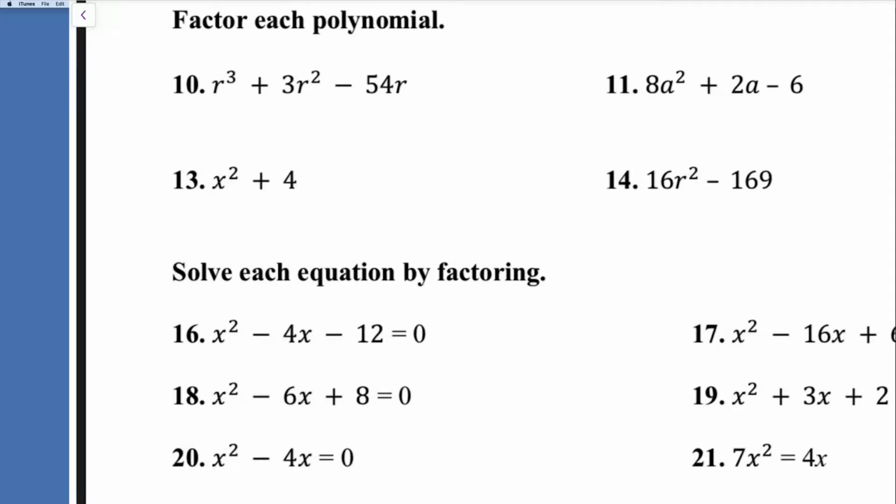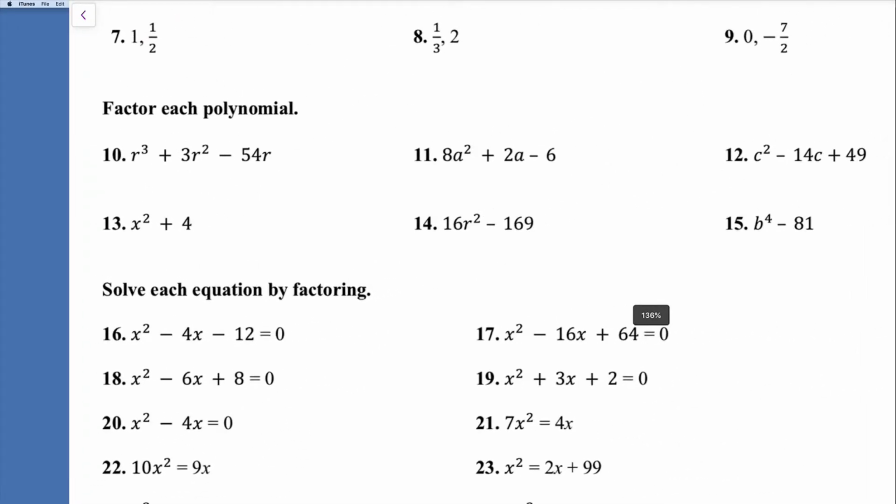Factoring would be taking out all the tomatoes and putting them in a separate pile, all the onions in a separate pile, and all the olives and whatever else, all the different ingredients in separate piles. So that's what we're doing here with problems 10 through 15.